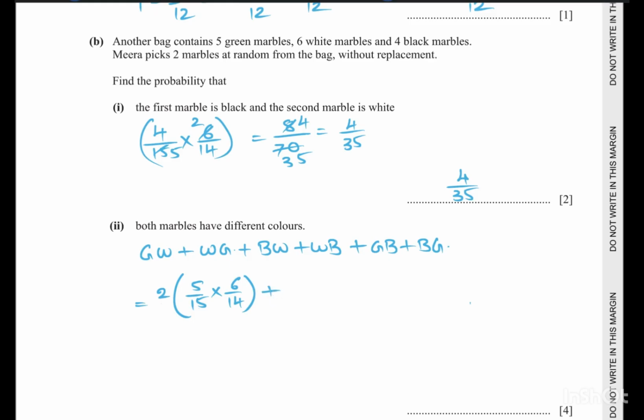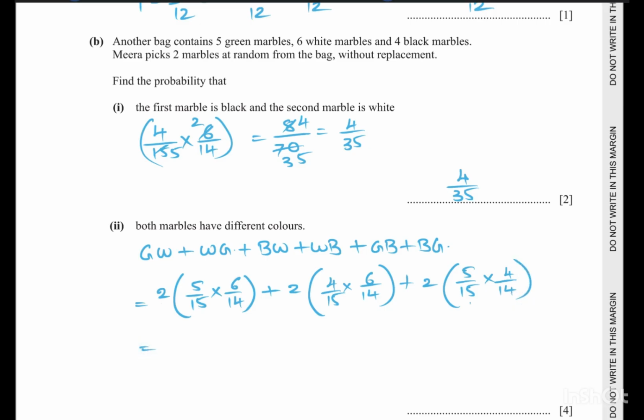The same thing we'll do for black, white, and green, black also. So 2 into black, which is 4 by 15, into white, 6 by 14. Then plus 2 into green, 5 by 15, into black, 4 by 14.